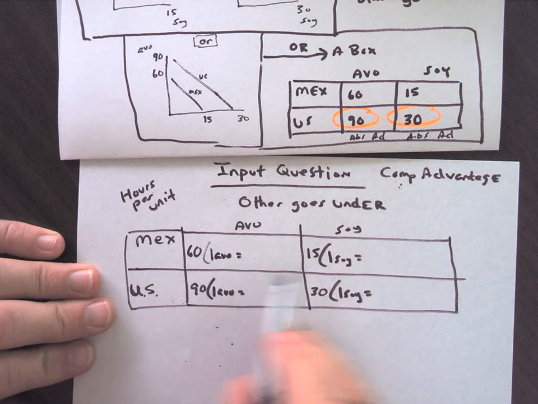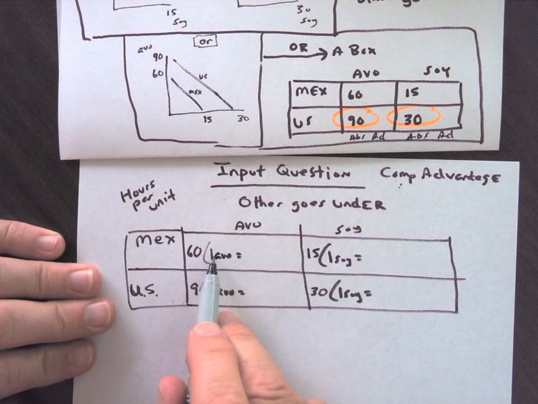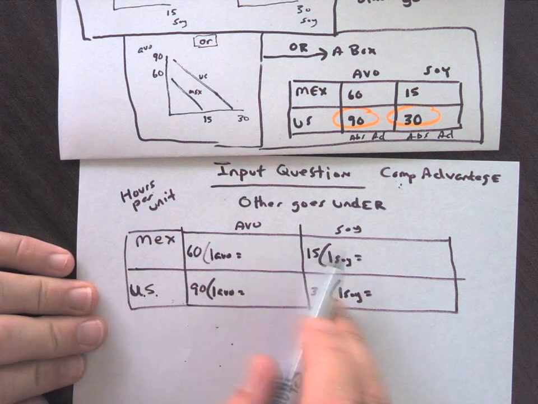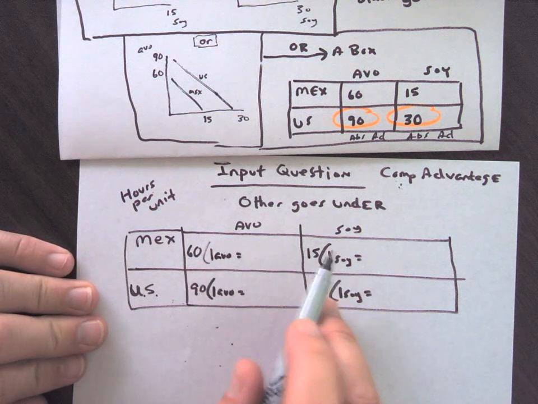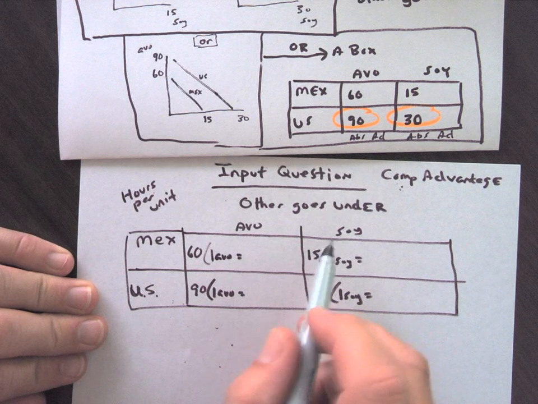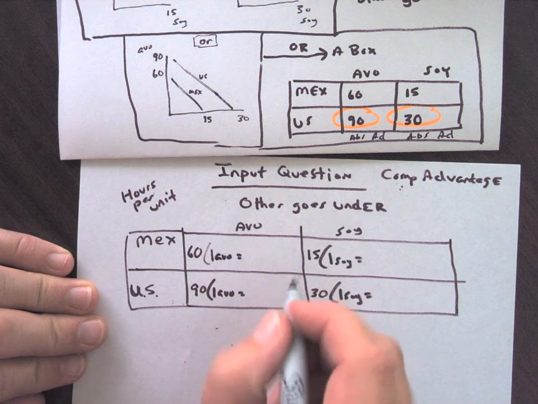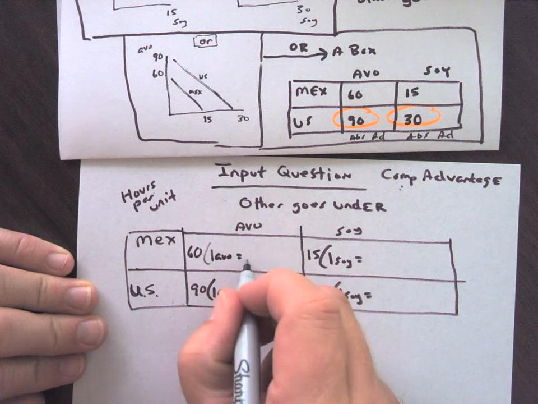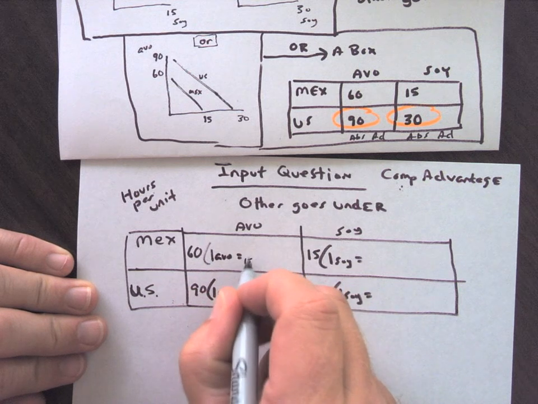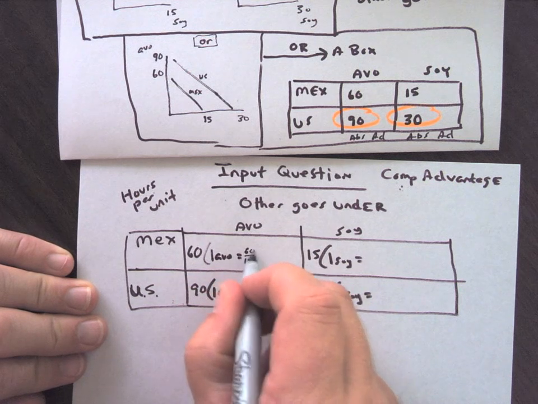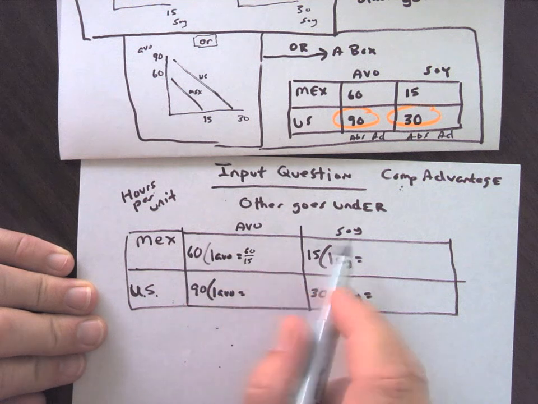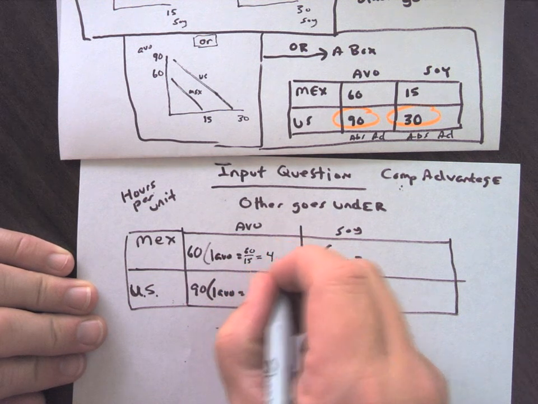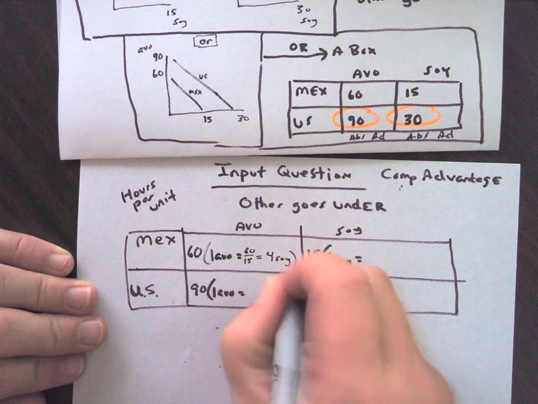I'm trying to solve for how many hours it's going to take to make an avocado instead of what we could have been making as a soybean. So I'm going to take the other going under. So 15 is now going to go under. So I know if this one's going under, then that one's going to have to go over. So the other goes under this time. And that's going to reduce down to 4 soy.